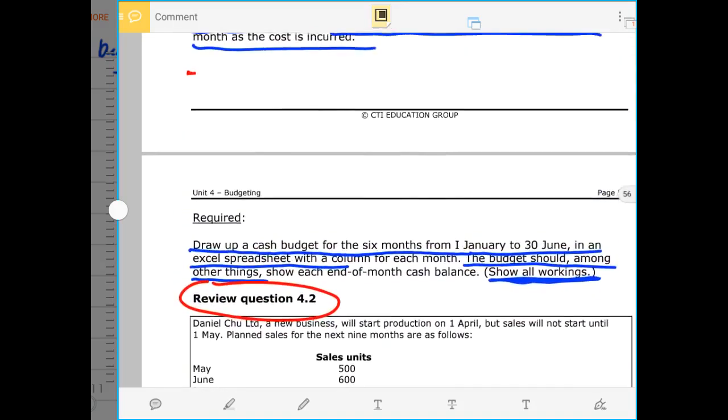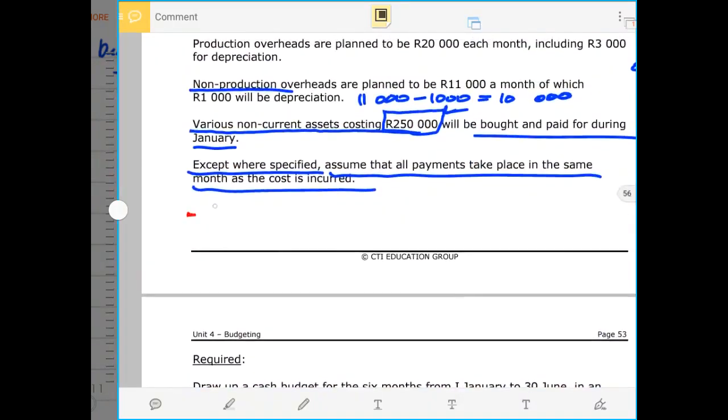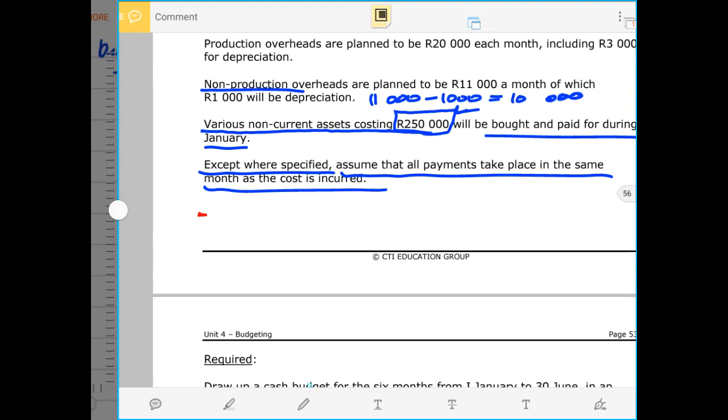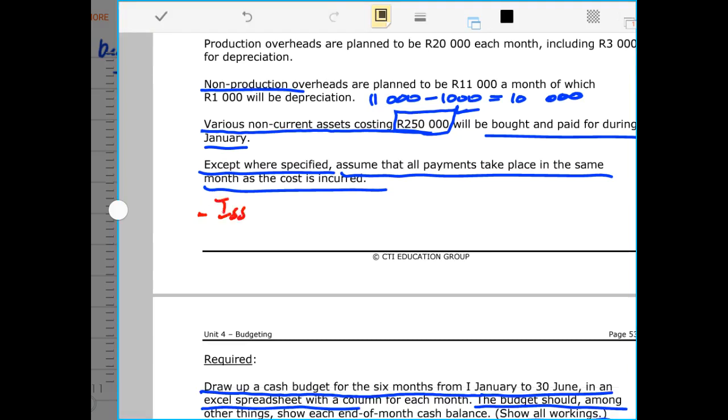So let us assume that there was a sentence that says issued shares for cash at 300,000 rands.